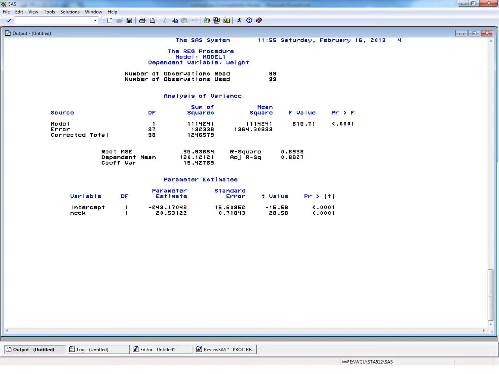If you look at the area to the left of negative 15.58 and double that, that's going to give you the p-value. In this case, that's astronomically, almost immeasurably small. And so SAS says it's so immeasurably small, the best I can do is tell you it's less than 0.0001. All right.